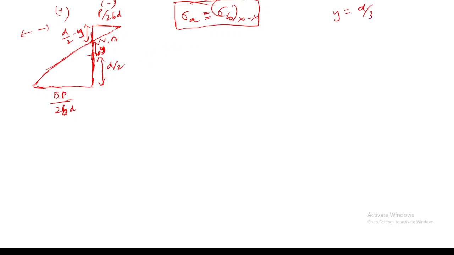Let us solve this using the similar triangle concept. Here, P by 2BD divided by 5P divided by 2BD equals D by 2 minus y divided by D by 2 plus y.